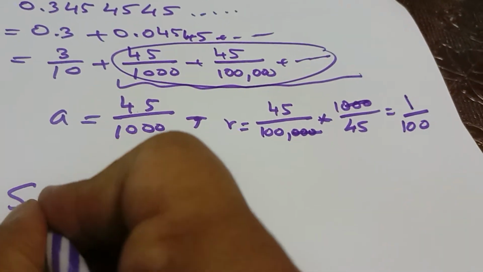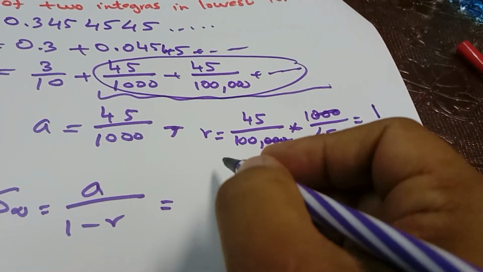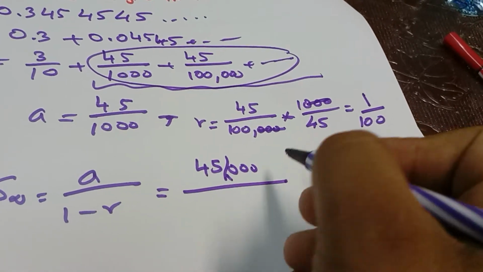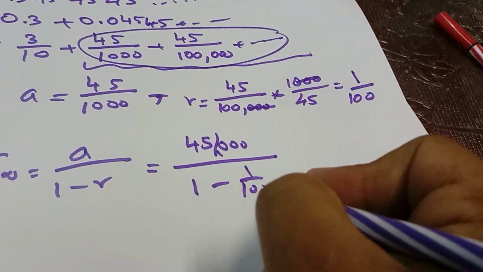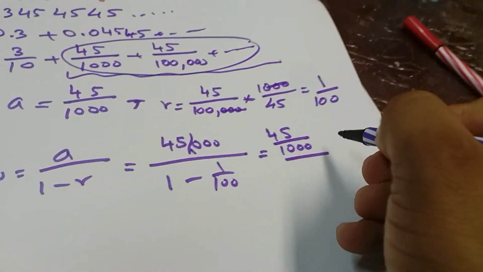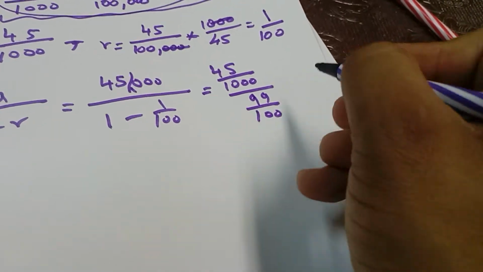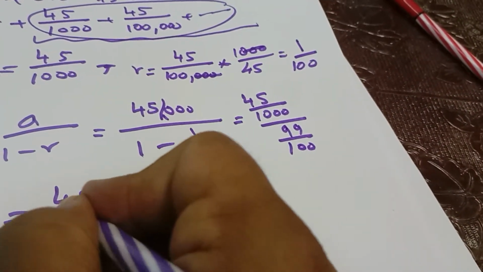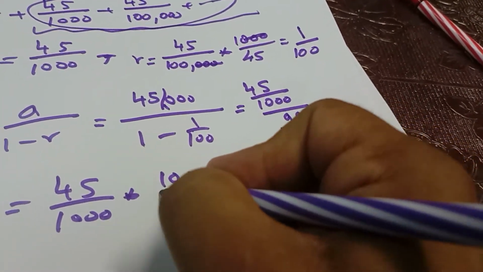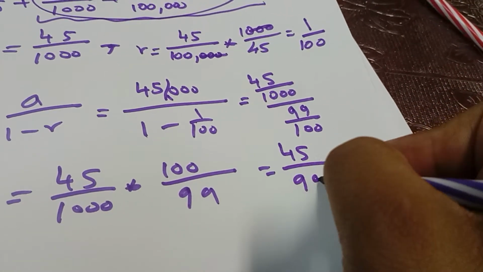S infinity equals A over 1 minus R, where A is 45 over 1,000, over 1 minus 1 over 100. That is 45 over 1,000 over 99 over 100, which is 45 over 1,000 multiplied by 100 over 99. That is 45 over 99, right?